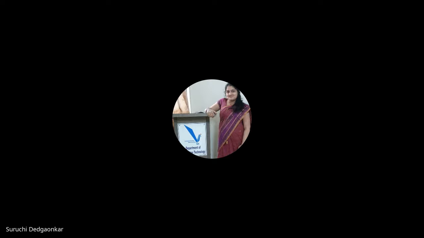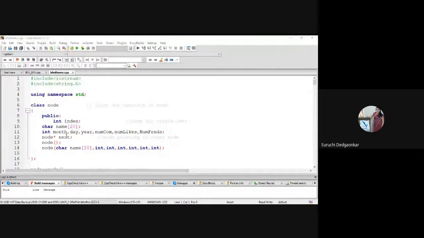Okay, so this is a program where initially class node is written. This class node is nothing but user information. We are going to assign an index to every user like 0, 1, 2, 3, what we have seen now. This index is one of the features, and the index is nothing but the ID.